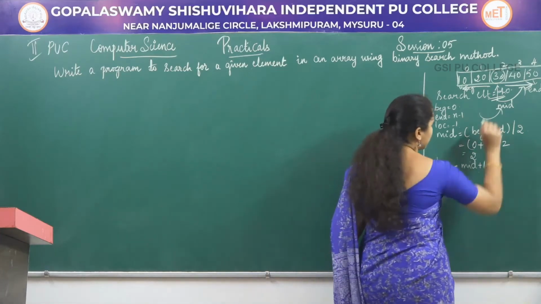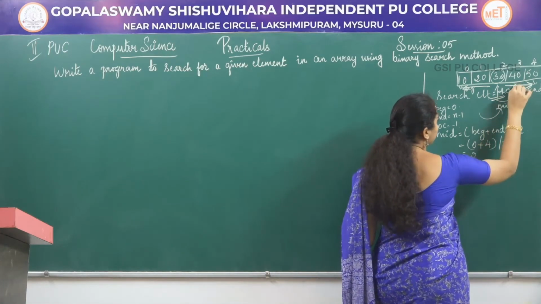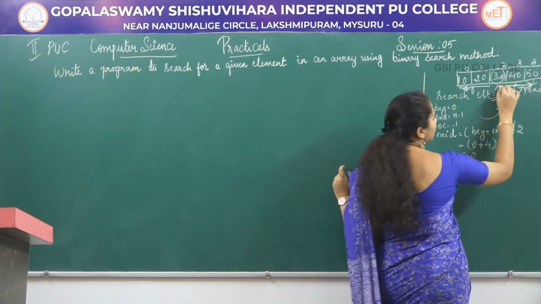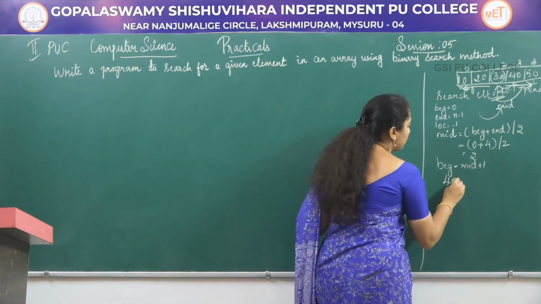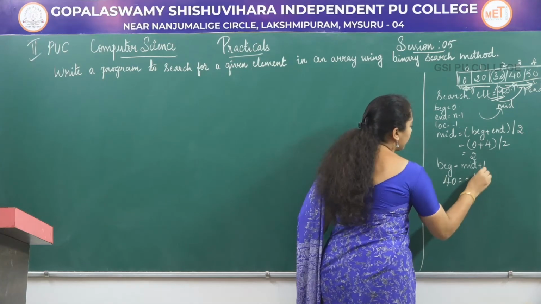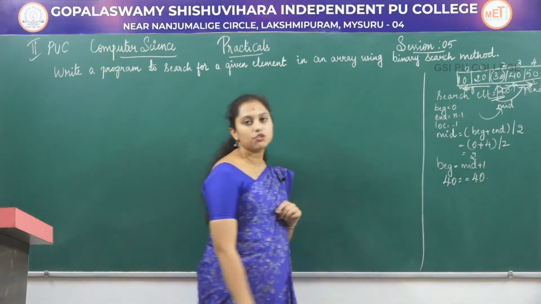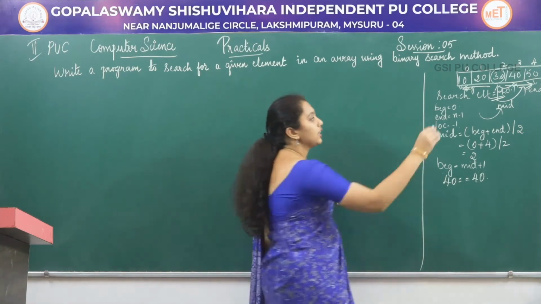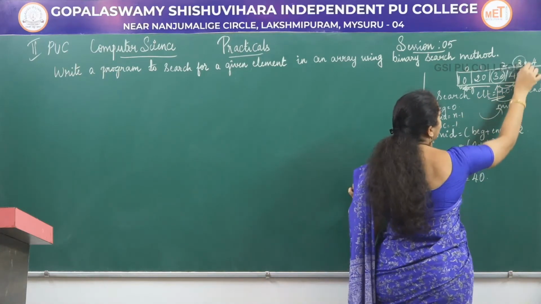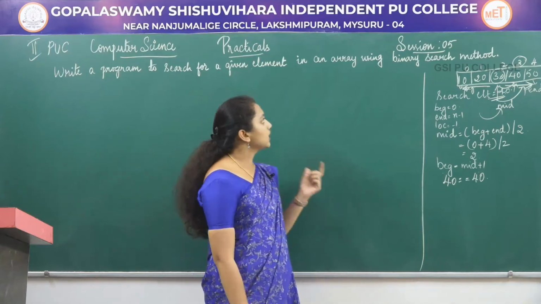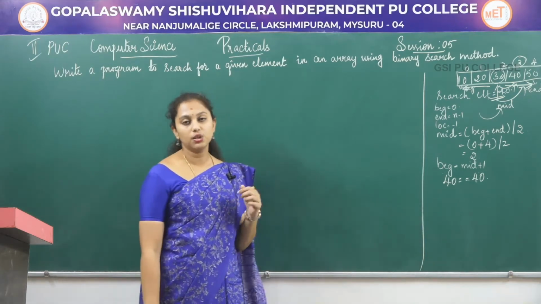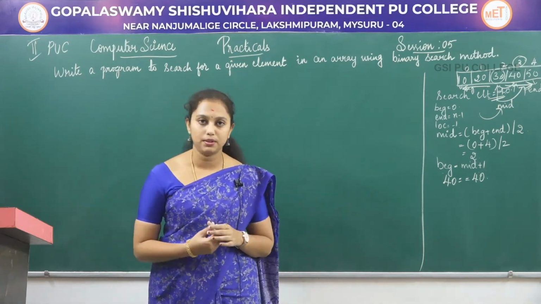Now the search element is compared with the next position of the middle element. Here 40 is equal to 40, hence the search element is found in location 3. This is how we search a given element using binary search method.